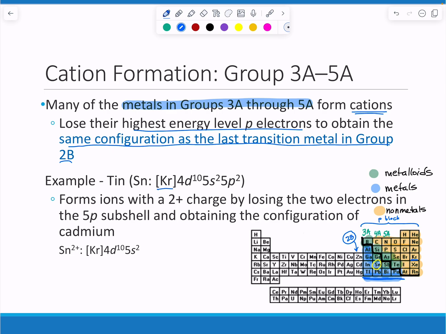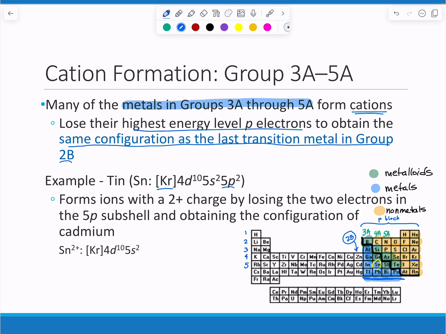And then we are in the P block. But we're in 1, 2, 3, 4, 5. So we are going to have 5 P electrons. We are the second block in, so we're going to have 2 5p electrons.